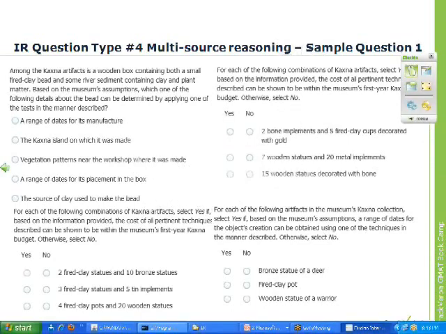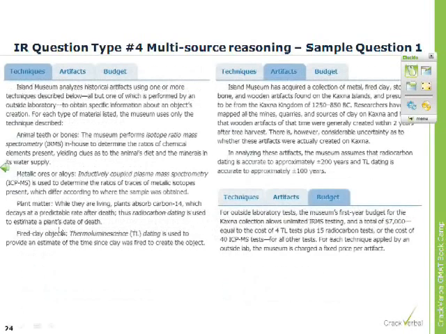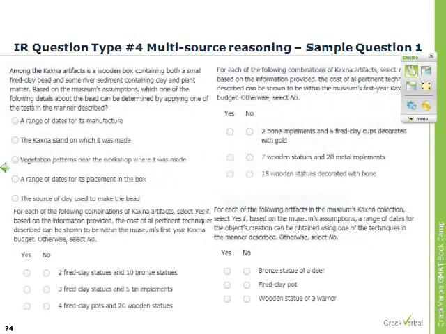So if I go back here, tin implements is ICP-MS. 40 ICP-MS tests can be done in 7,000. I need to do 5.